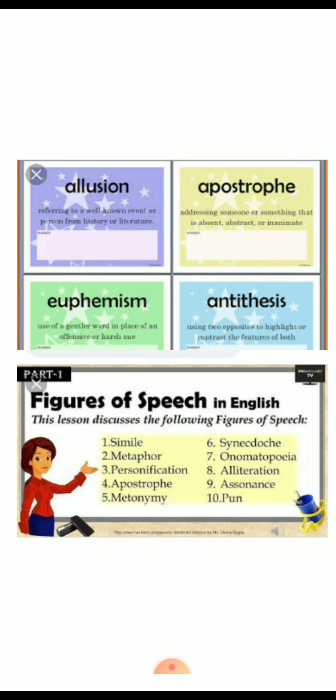Okay. The next one I am going to is antithesis. It is the balancing of two or more words or phrases of opposite meaning. That means we make a balance between words or phrases. It may be two words or more words, or two phrases or more phrases, which are opposite in meaning, but we make a balance, and that is called antithesis.